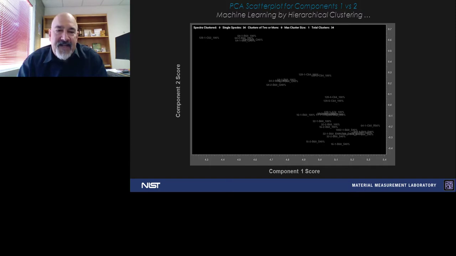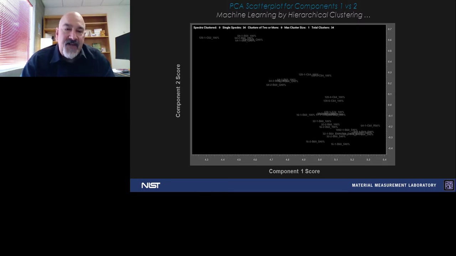And in this method, each spectrum starts out in its own cluster, and at each iteration, we join together the two closest clusters into a single group. And we repeat that procedure over and over again until we've achieved the desired number of clusters.